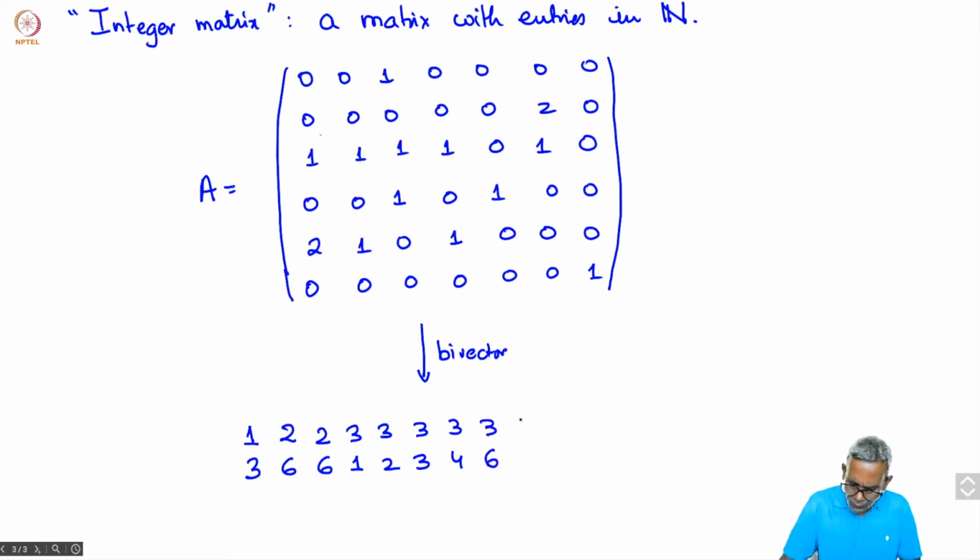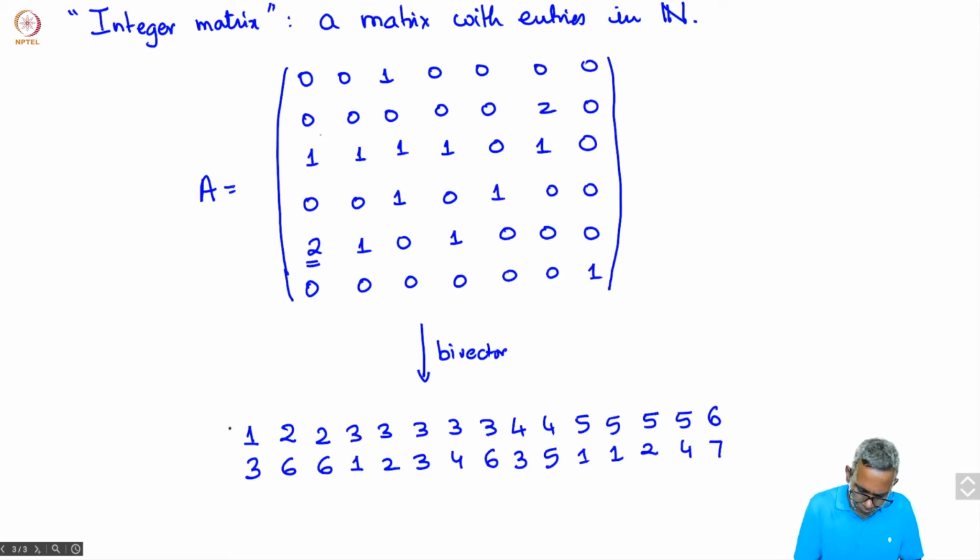In the fourth row we have 4, 3 and 4, 5. In the fifth row we have 5, 1 two times because of this 2 over here, and then we have 5, 2 and 5, 4. In the last row we only have 6, 7. So we have taken this matrix and coded it in terms of the bivector.